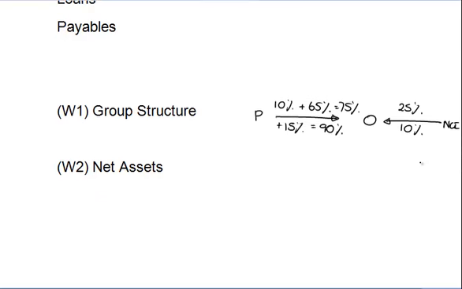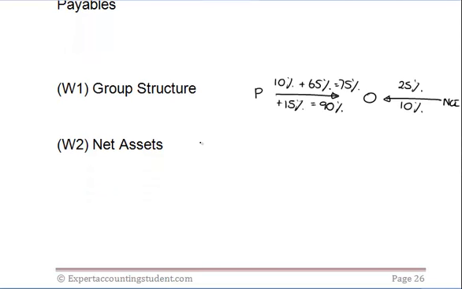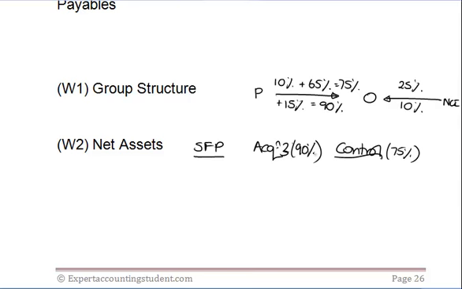So in terms of doing my net assets calculation, we're going to have one at the SFP date, we're going to have one at the control date, which is when we had 75%, and then another column for acquisition 3, when we made our third purchase, when we took our investment up to 90%.